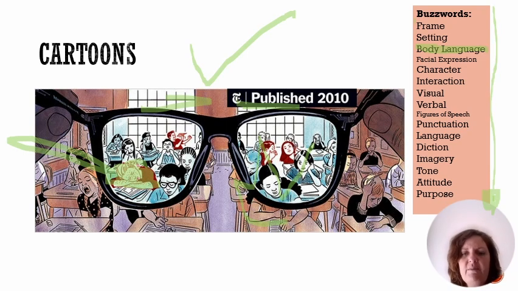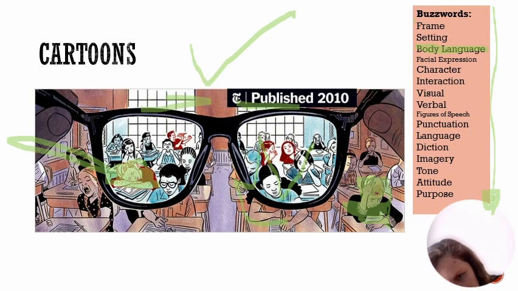Outside of the picture frame, you'll even see outside of the glasses frame, going green now, you'll see that there's a guy here who is literally falling asleep while scratching his head. Do you notice that when I talk about body language, first I talk about the actual movement that the character is making, and then I dig deeper and I start linking it to feelings and attitudes.